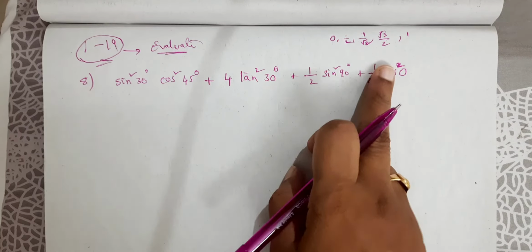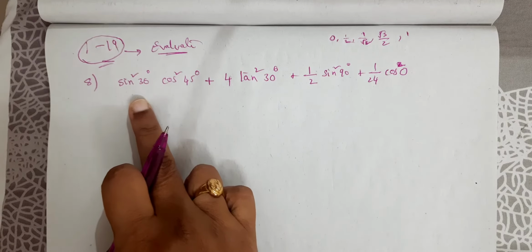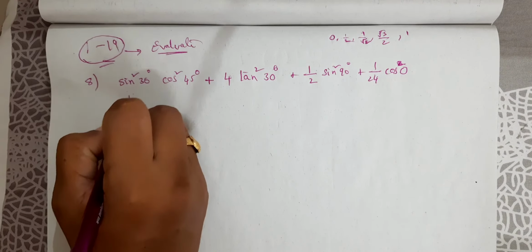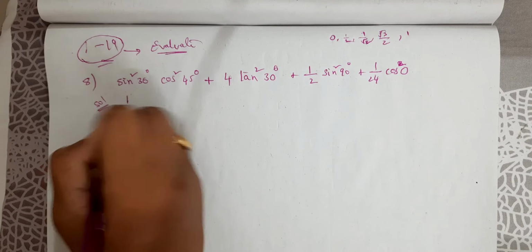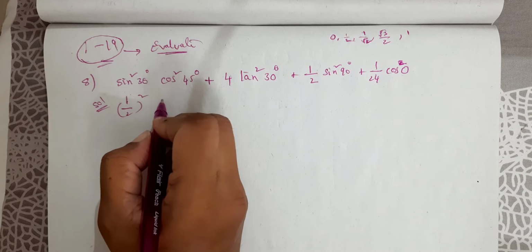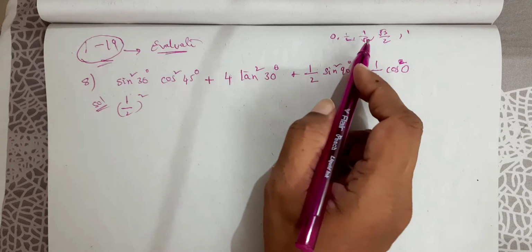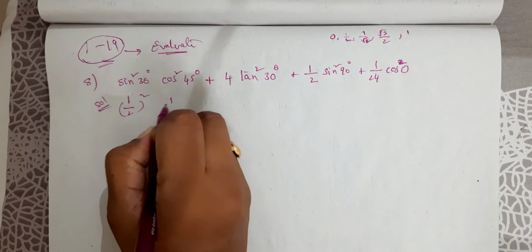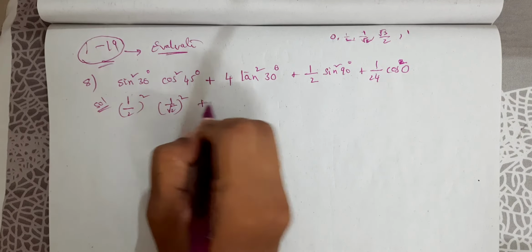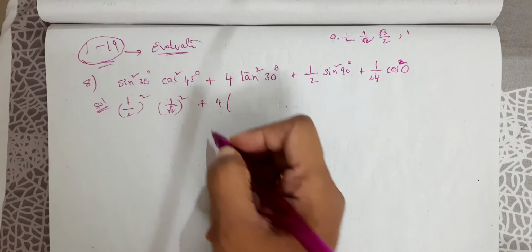Okay, clear. Right, now sine square 30 degrees. So sine 30 is 1 by 2, so it is 1 by 2 whole square, into cos square 45. Cos 45 is 1 by root 2, so that is 1 by root 2 whole square. Right, plus 4 times tan square 30.